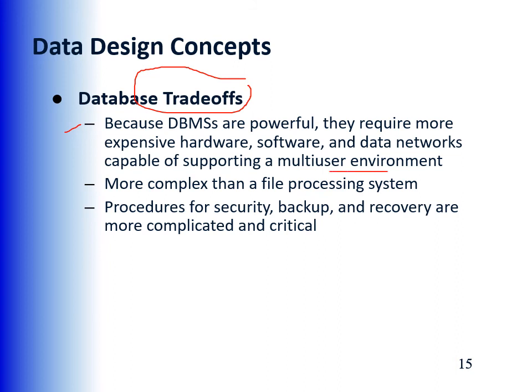A DBMS is also more complex than a file processing system, and procedures for security, backup, and recovery are more complicated and critical. These are the things that you have to consider for a DBMS when you design your system.